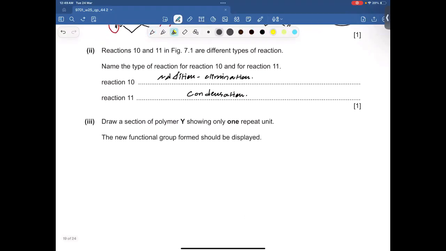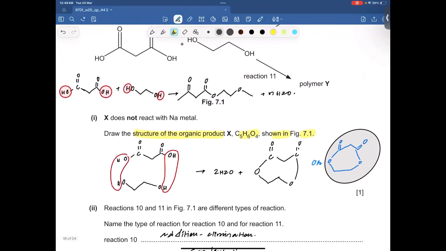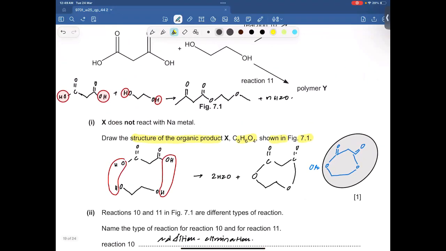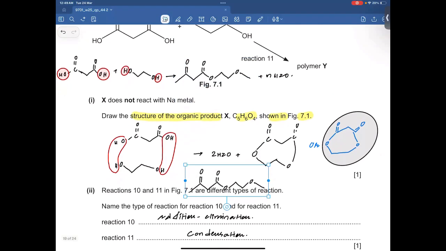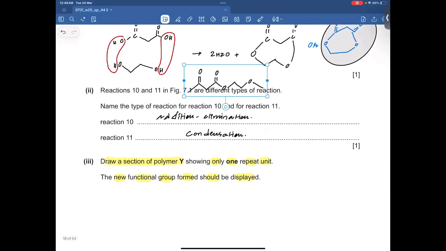Draw a section of a polymer while showing only one repeating unit. The new functional group form should be displayed. So one repeating unit is basically, this is the one repeating unit, guys. So let me draw this structure and let me write it down here.